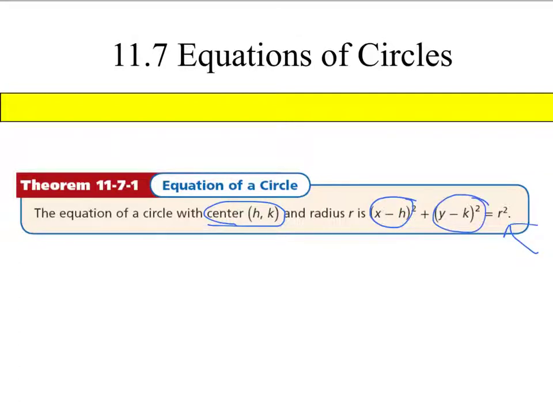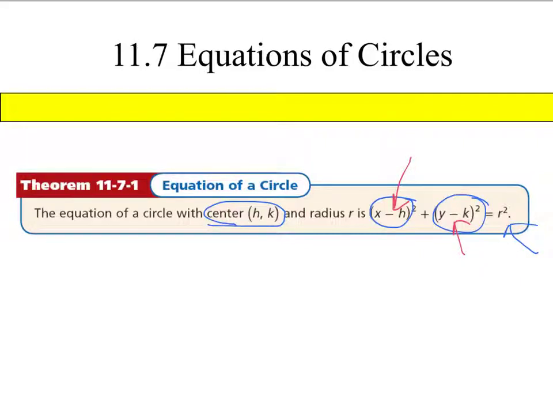They're going to add up to equal your r squared, and it's the difference of the terms. So you get x minus your x term of your center plus y minus your y term of your center. Okay, and you set that equal to r squared. Pretty easy once we get into it, but let me explain it.